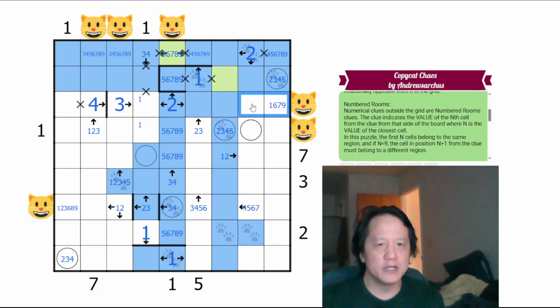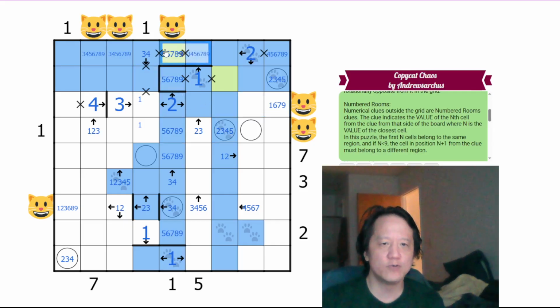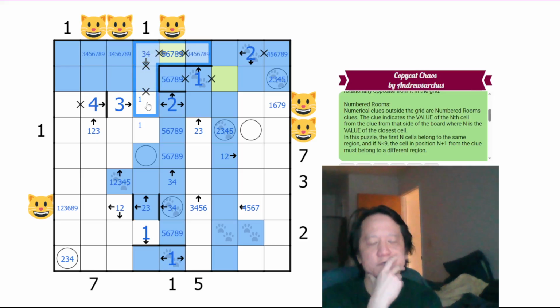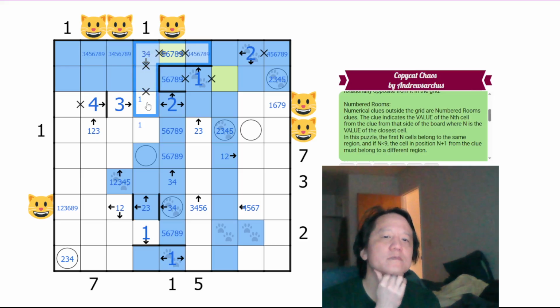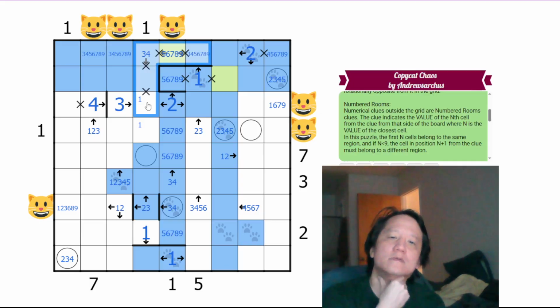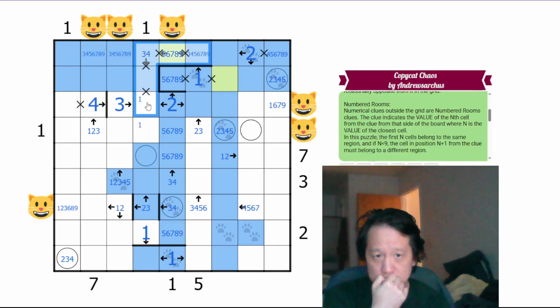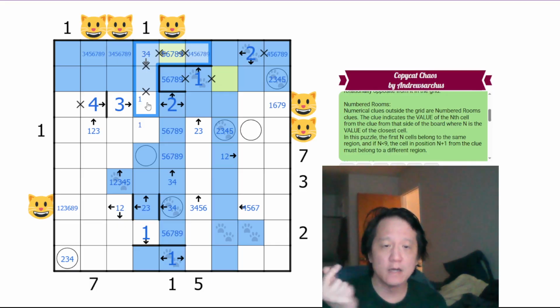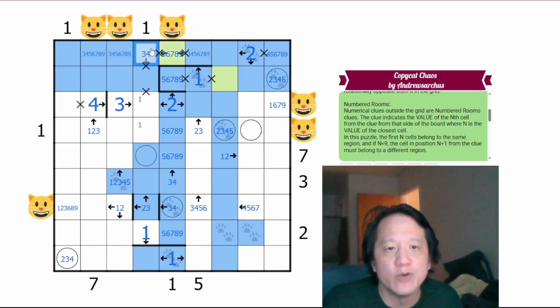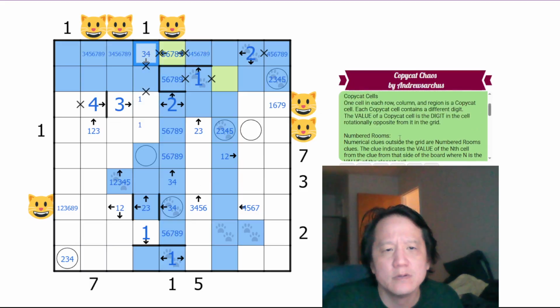Could be 1 here. So we have 1, 2, 3, 4, 5 cells already in this region. Oh. Wait. Hold up.